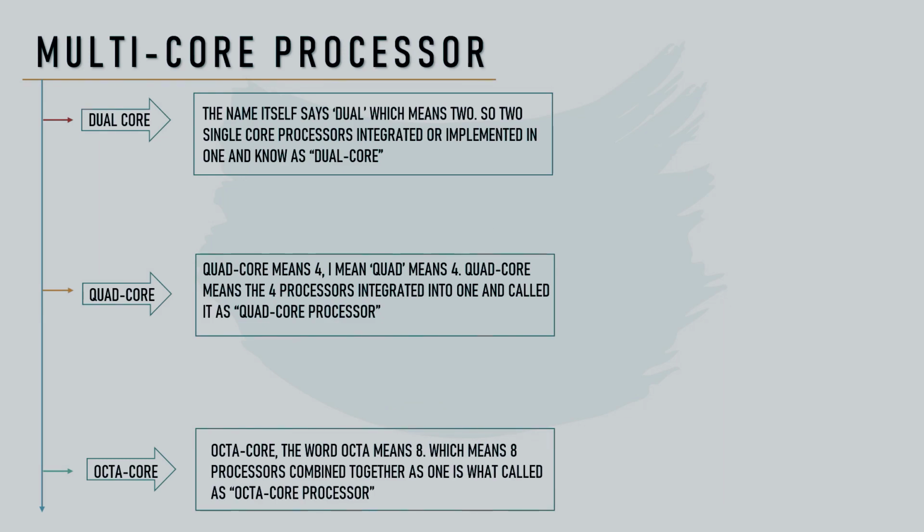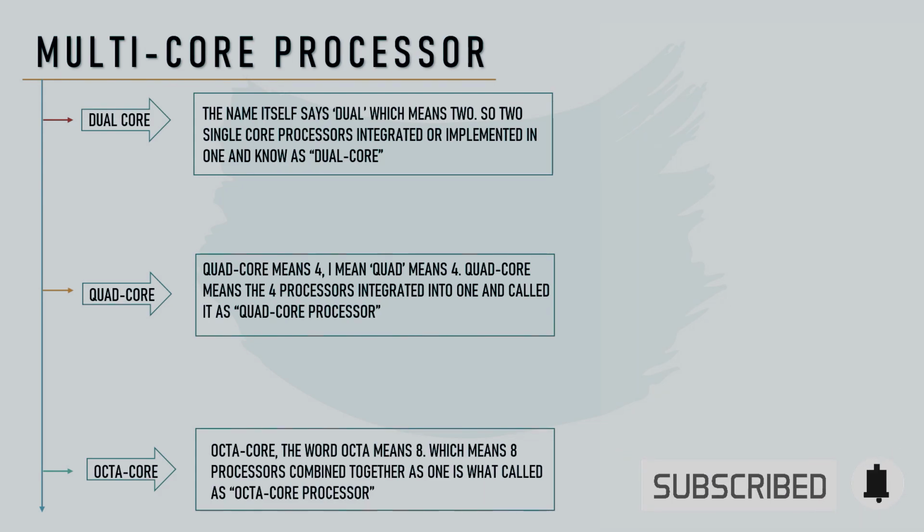Let us know what dual core is. Here the name dual itself says 2, which means there were 2 single core processors integrated and implemented in one single processor, which means in one single square box, 2 square boxes were implemented. And that's about the dual core processor, which means it can do 2 works at once.